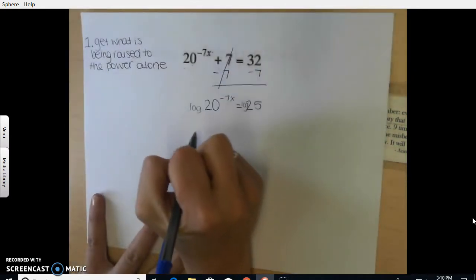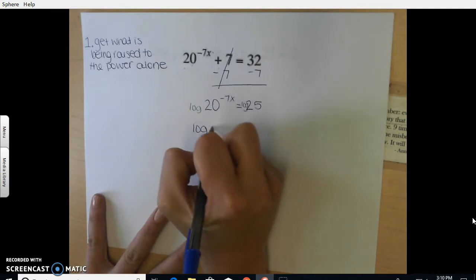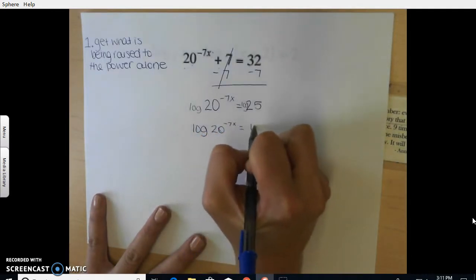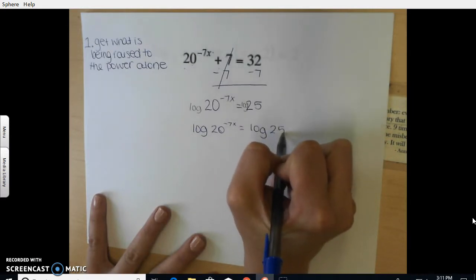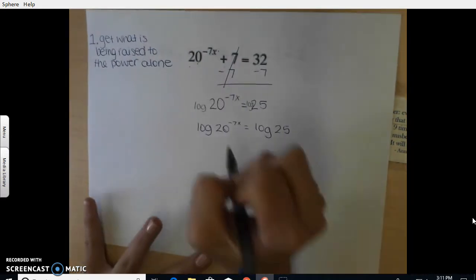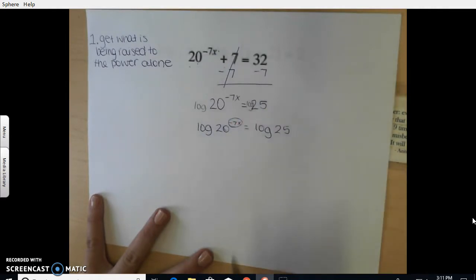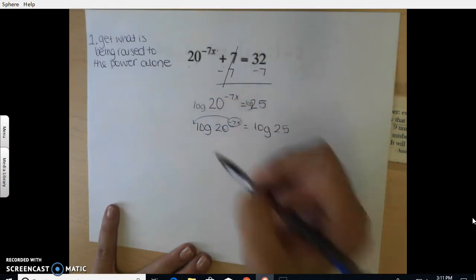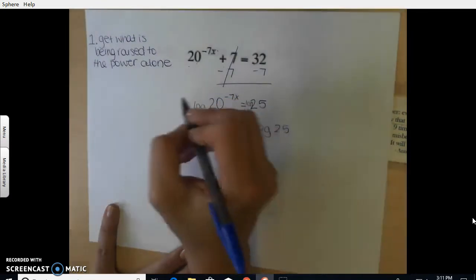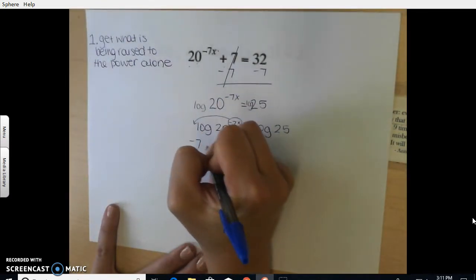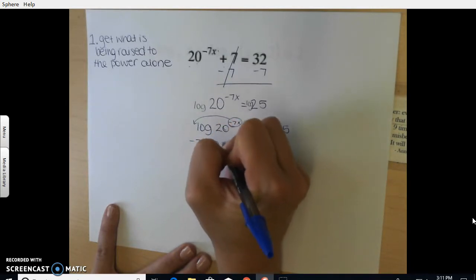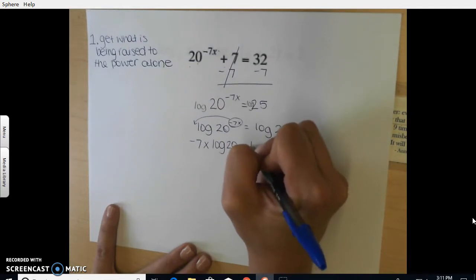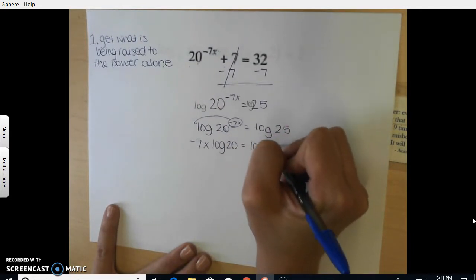And I will be left with the log of 20 to the negative 7x power is equal to the log of 25. And we know that with a log, and we have an exponent, our exponent can come to the front. So then we have negative 7x times log of 20 is equal to log of 25.